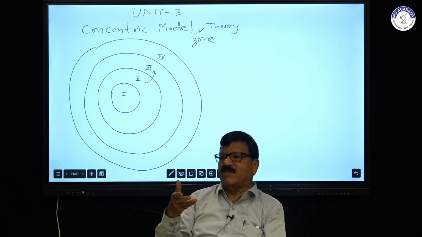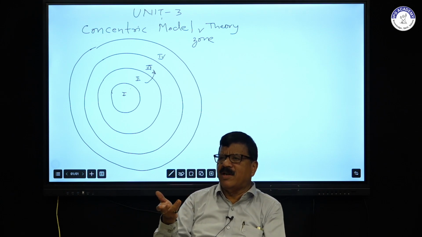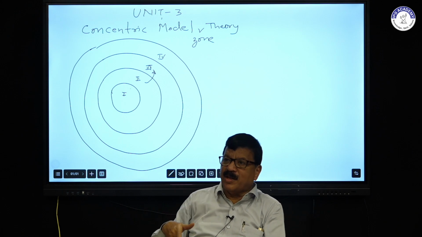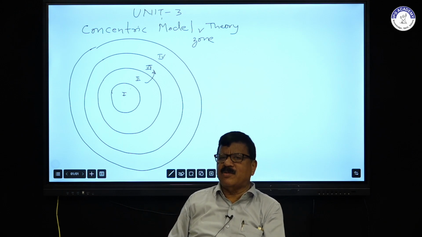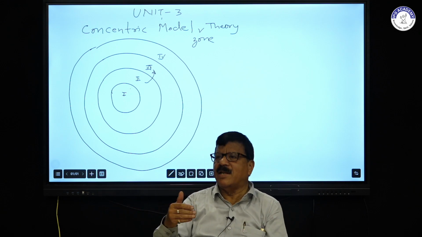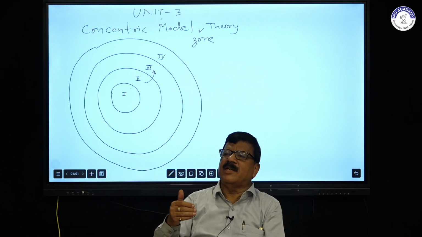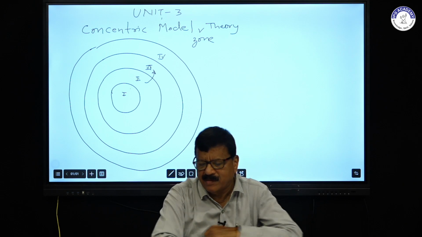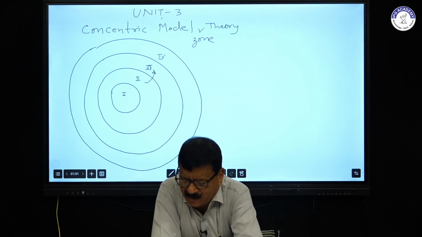How will a person cross the river? He doesn't want to, or to come and go across the river daily. It is very difficult. So it restricts through physical things. Maybe there is a hill, right? So it restricts growth in all directions. It is not possible as Burgess explained.